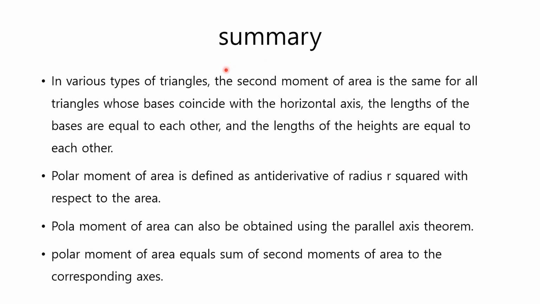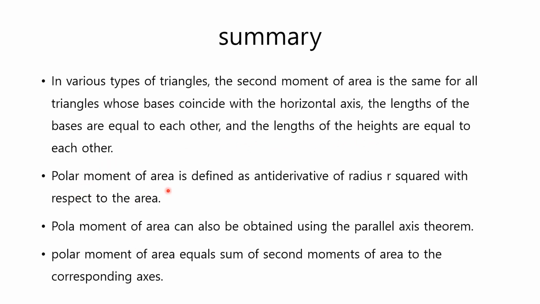Here we have a summary. In various types of triangles, the second moment of area is the same for all the triangles whose bases coincide with the horizontal axis, the lengths of the bases are equal to each other, and the lengths of the heights are equal to each other.